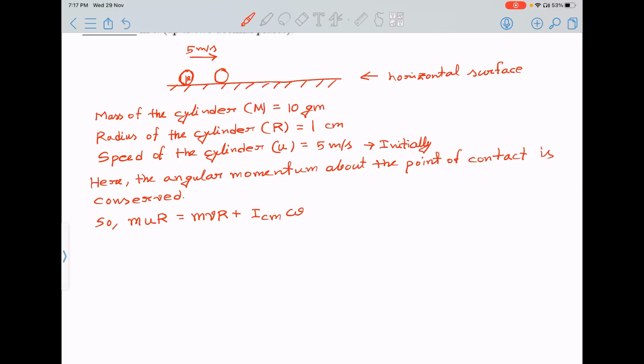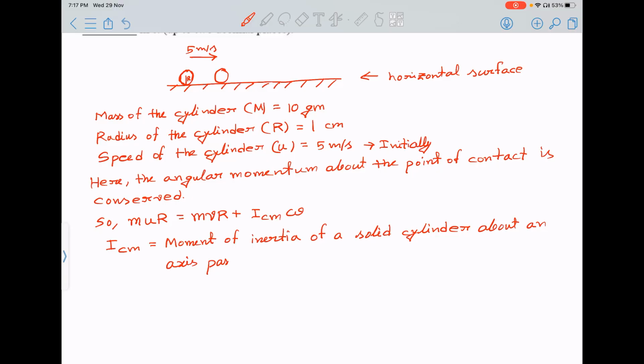So here ICM is the moment of inertia of a solid cylinder about an axis passing through its center of mass.